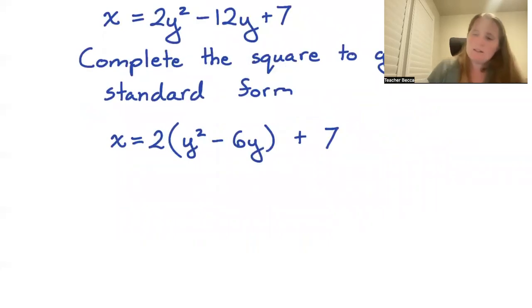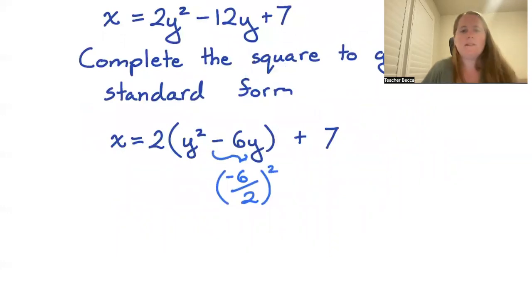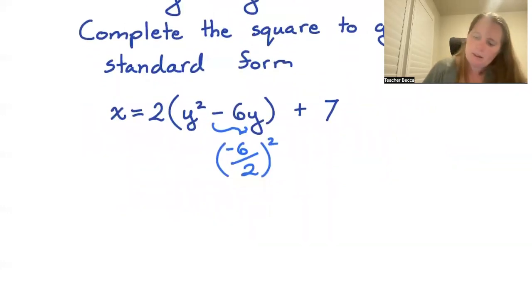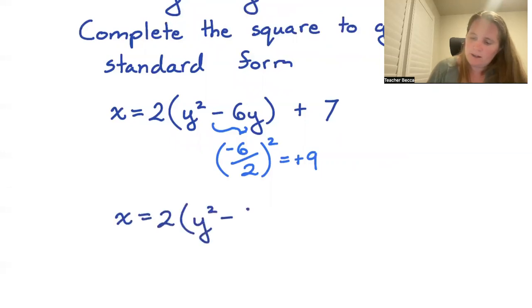For y squared minus 6y, we take that minus 6, divide it by 2, and then square it to figure out what we need to add on the end. So this is positive 9. So we will have x is equal to 2 times y squared minus 6y plus 9.